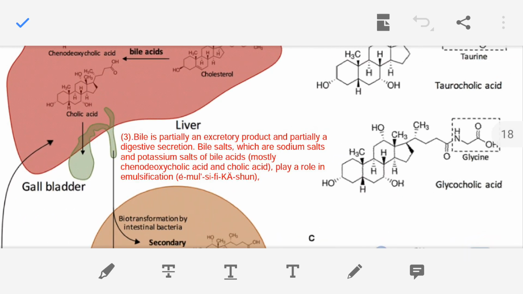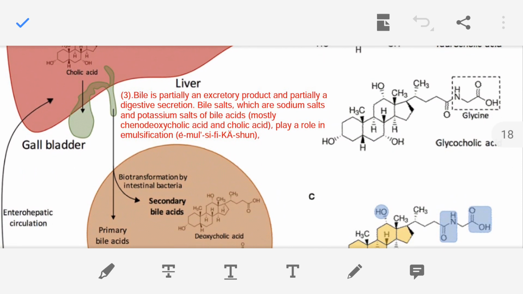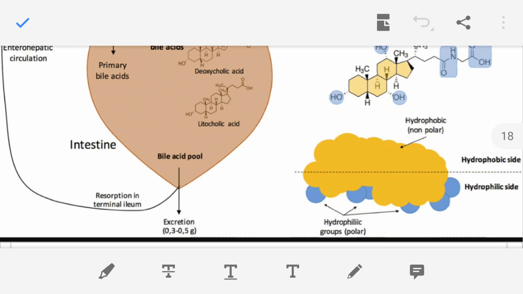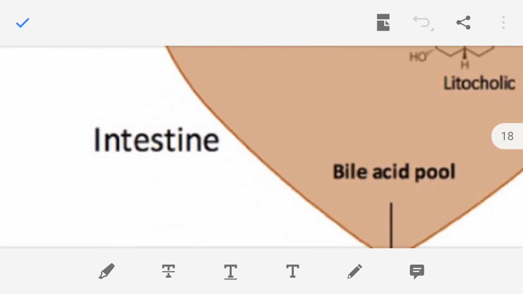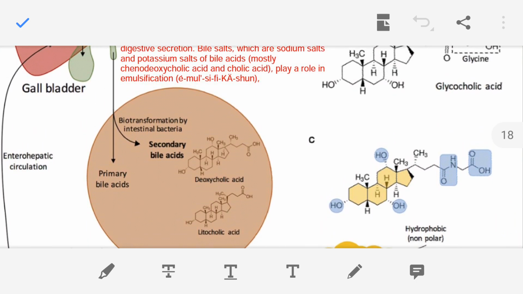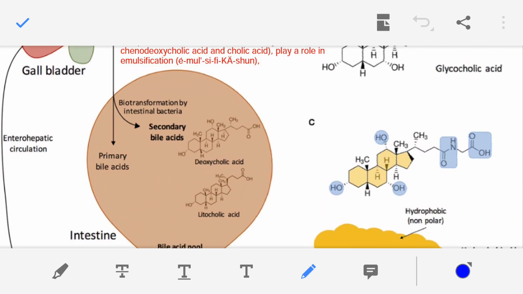Now we know from the gallbladder, bile will be poured into the intestine, duodenum. So in the small intestine, what is happening? This primary bile acid is biotransformed by intestinal bacteria, and then there is a formation of secondary bile acids.